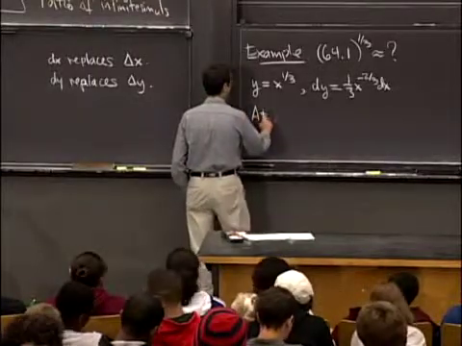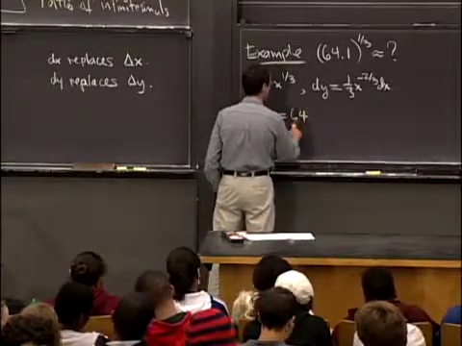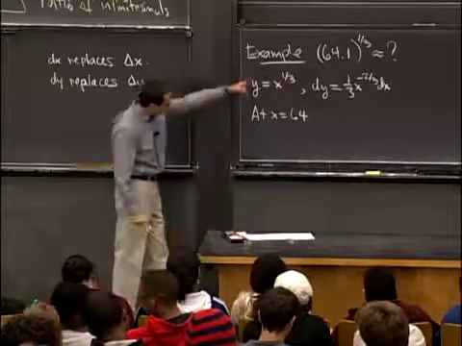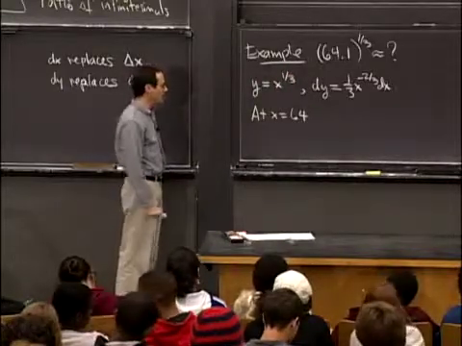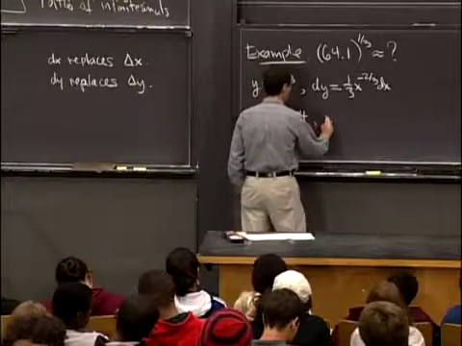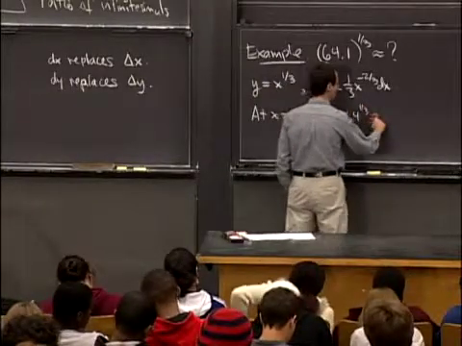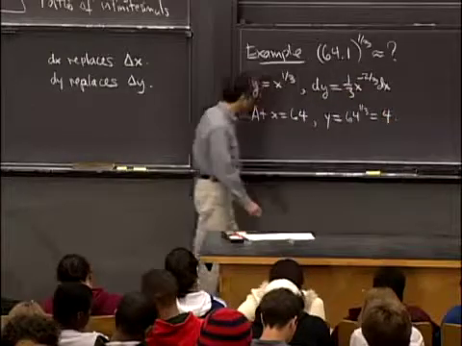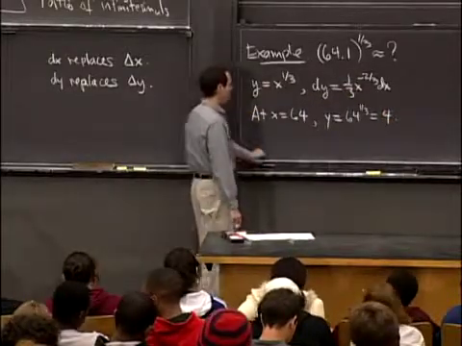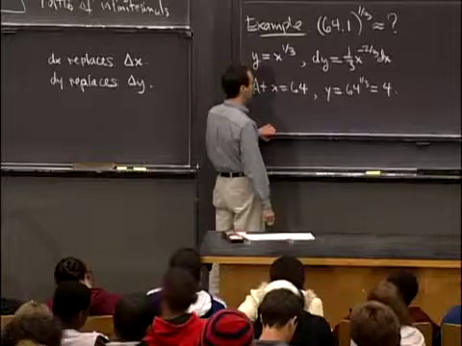At x equals 64, which is the natural place to be close by, where it's easy to do the evaluations, we have y equal to 64 to the 1/3, which is just 4. And how about dy?